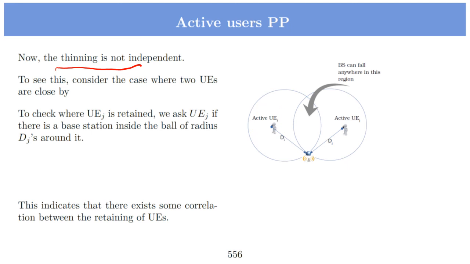Now suppose there was no UE i, there was only UE j. In that case, what is the probability that this UE j will be active? It would be the probability that there is at least one base station in this ball, and that is given by 1 minus e to the power minus lambda pi d_j squared.